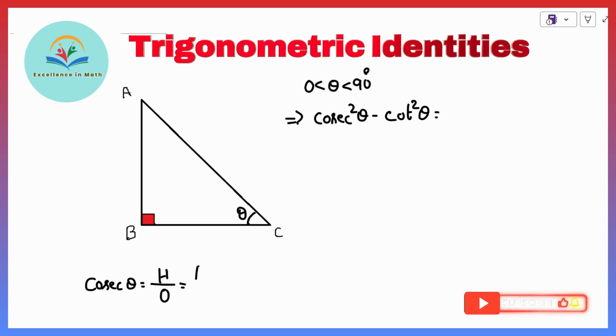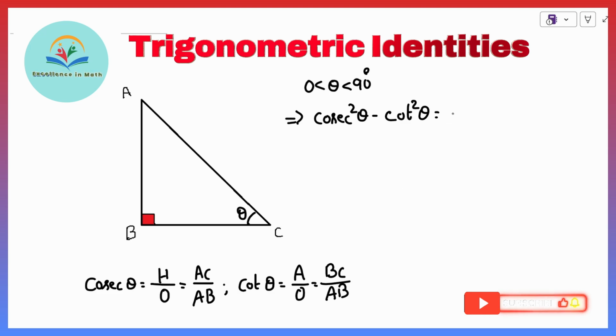That is equal to AC over, what is the side opposite with respect to theta? That is AB. Now let's come to cot. The trigonometric ratio cot always refers to adjacent to opposite. What is the adjacent side with respect to theta? That is BC. BC over AB.